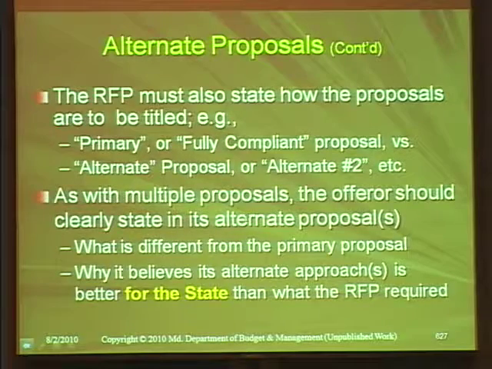As with multiple proposals, the offeror should clearly state in its alternate proposal what is different, and then the bottom one, why it believes its alternate approach is better for the state than what the RFP required. It has to take the initiative to say what is different and why, if the state would accept that alternate proposal, it would be better for the state than if it simply took the primary proposal. So you can immediately focus on that difference and that rationale.